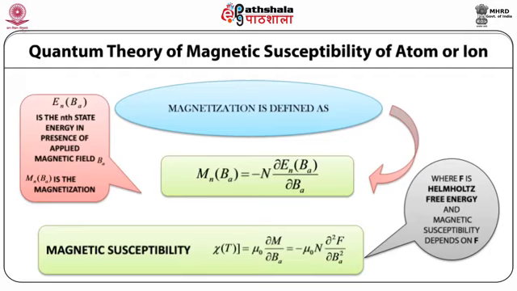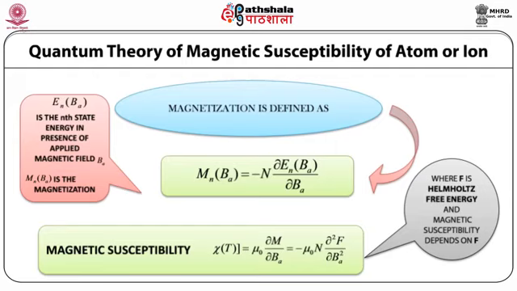The magnetization is defined as follows: M as a function of Ba is equal to minus n multiplied by the partial derivative of En as a function of Ba, with respect to Ba.